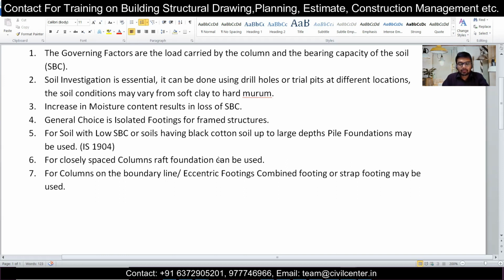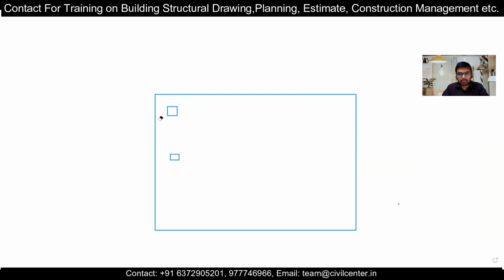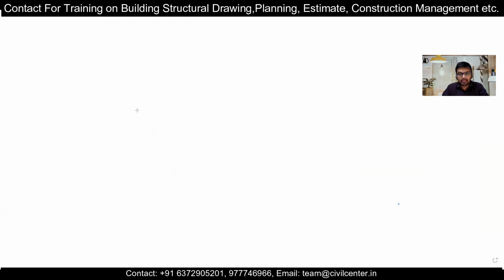That is one aspect. The next is that for the columns on the boundary line or the edges, or the eccentric footings, a combined footing or strap footing may be used. This is very common at site. Suppose you have a building area like this, and you're not leaving any space at the end, so the column will be at the ends like this. The footing cannot be in someone else's boundary line.